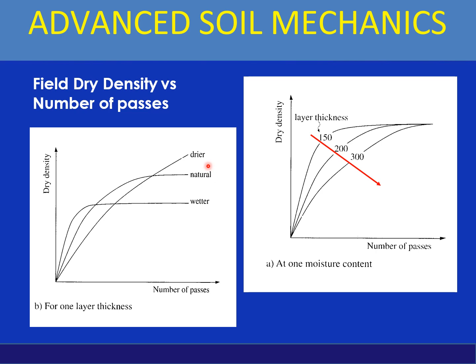In every case, ultimately you get the maximum dry density. You can see the relationship between the number of passes and the dry density. And you can see that if the layer thickness is more, you will have a lesser effect in that case.